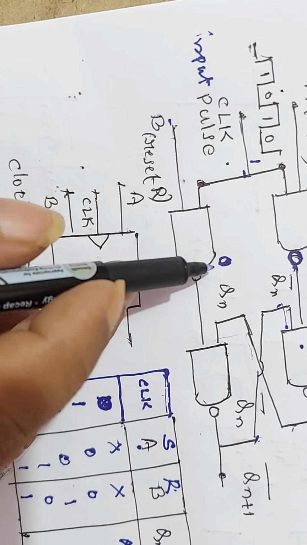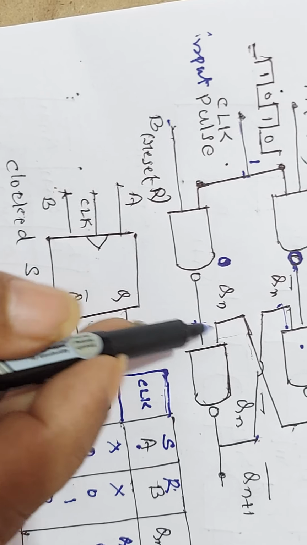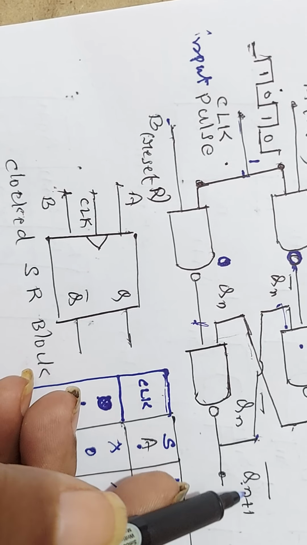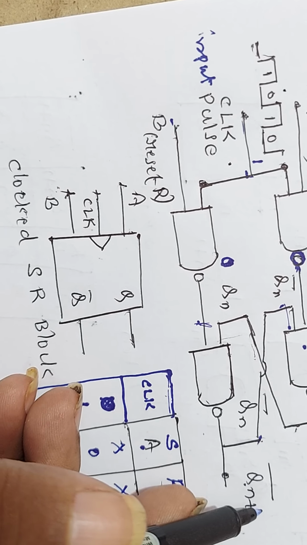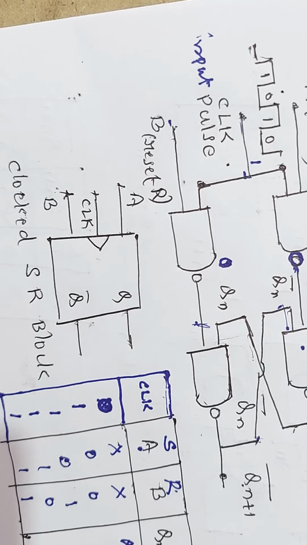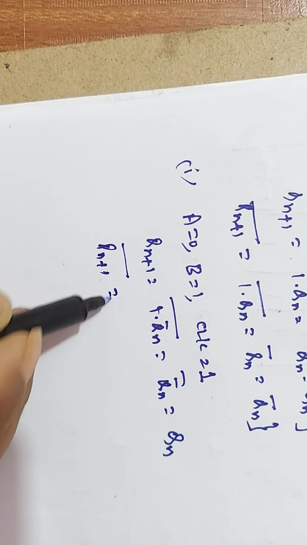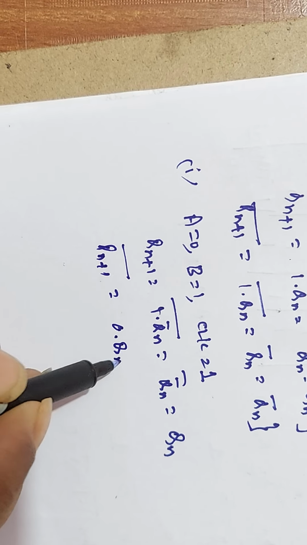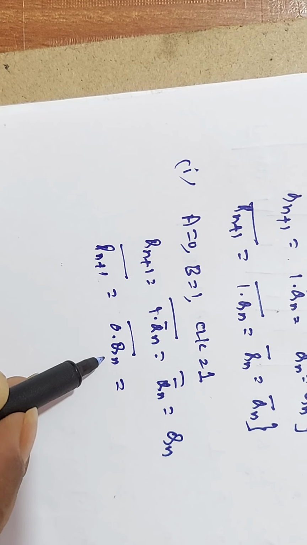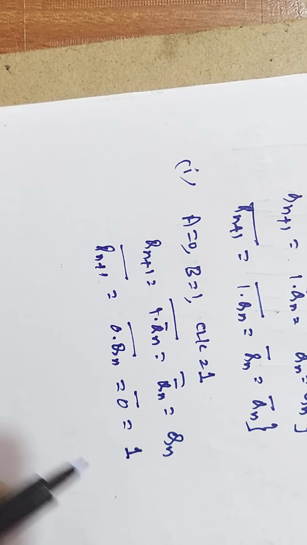Come to this. This is 0. 0 into Qn is 0. Output is 1. Therefore, Qn plus 1 bar output is equal to 0 into Qn to the bar. 0 into anything is 0, 0 bar is 1.